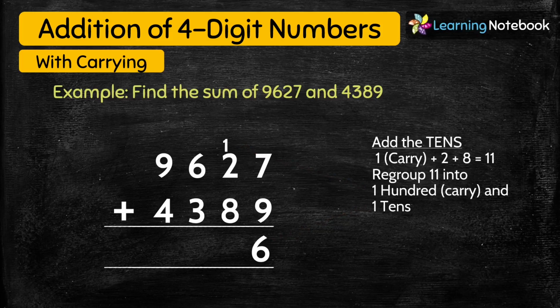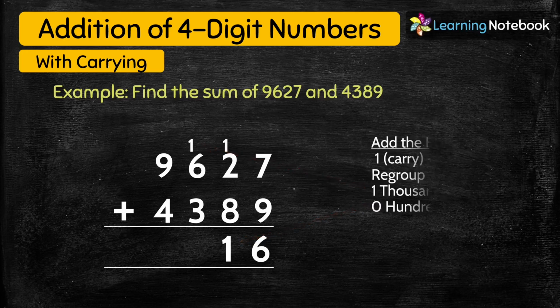1 carry plus 2 plus 8 equals 11. Again we have got a 2-digit number. So we will carry 1 to the hundreds place and 1 comes in the answer. And students, don't forget to add carry here.